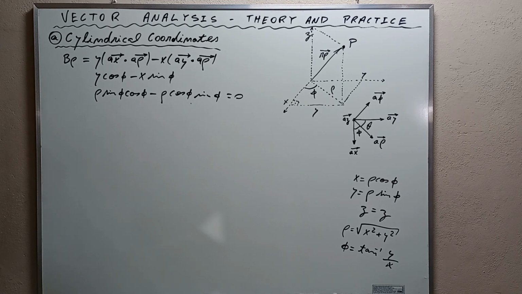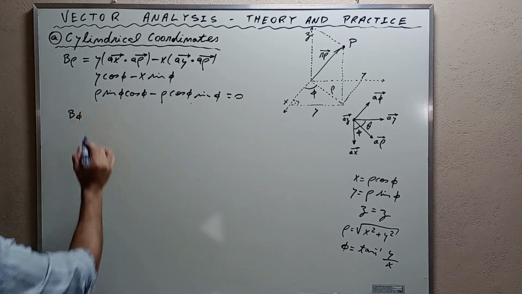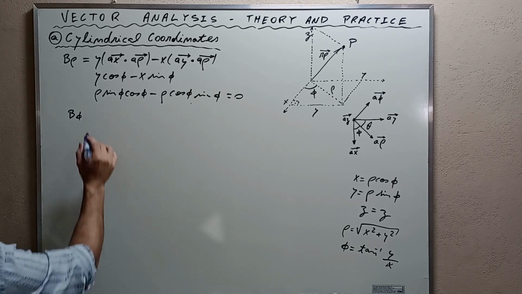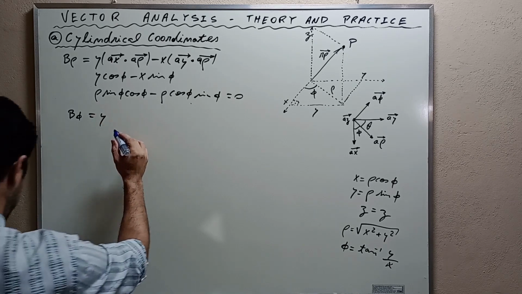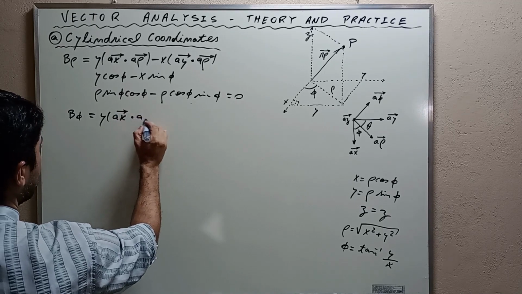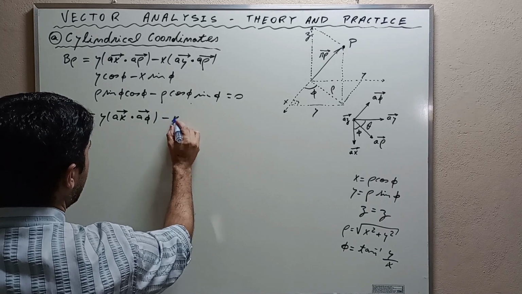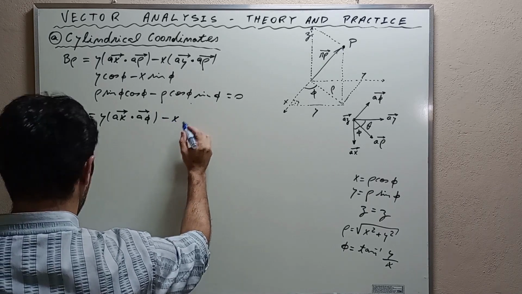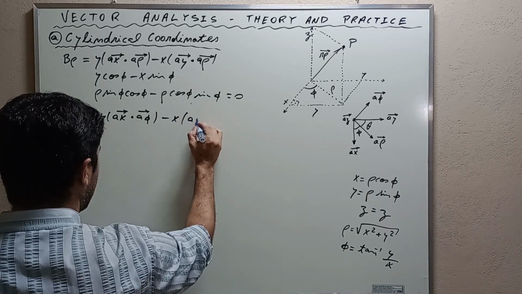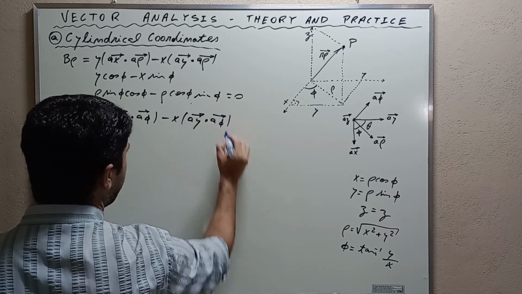And how about the component of b in the phi direction? The component of b in the phi direction was expressed as y ax dot a phi minus x ay dot a phi.